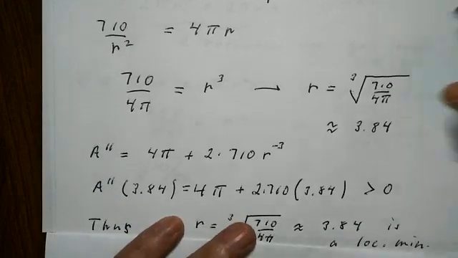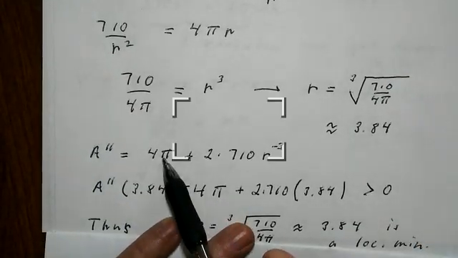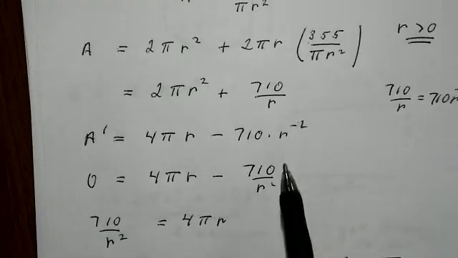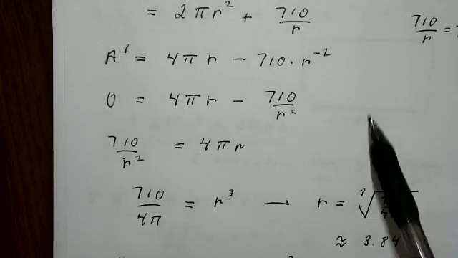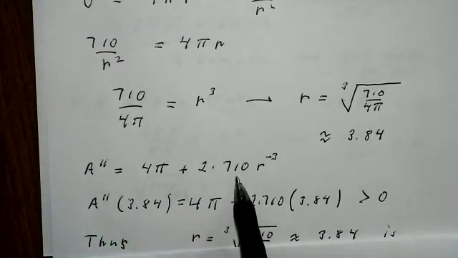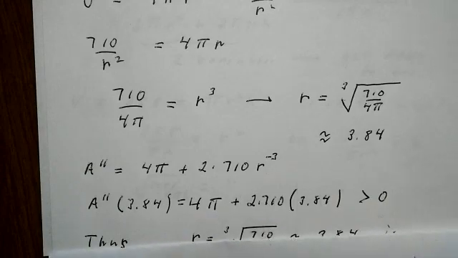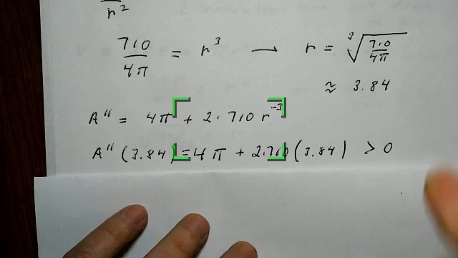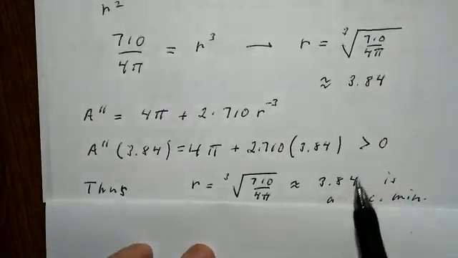If we compute the second derivative, we get 4 pi minus, bring that minus 2 down in front, so that minus 2 becomes a plus 2 times 710 times r to the negative third. And if I plug my 3.84 into this, I get something which is positive.